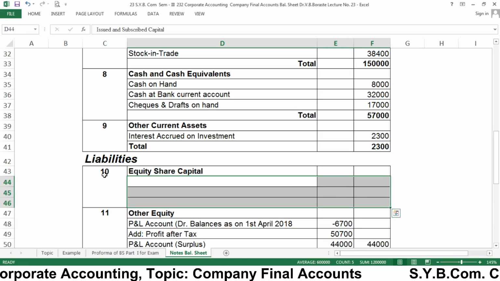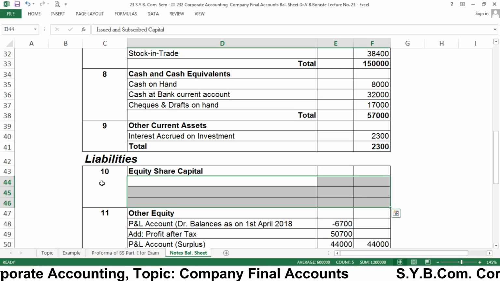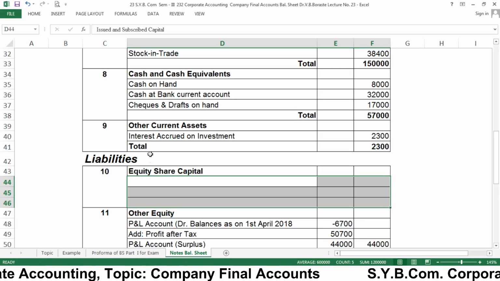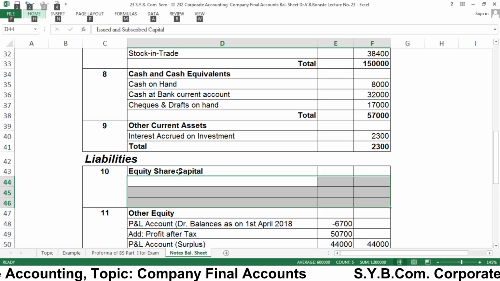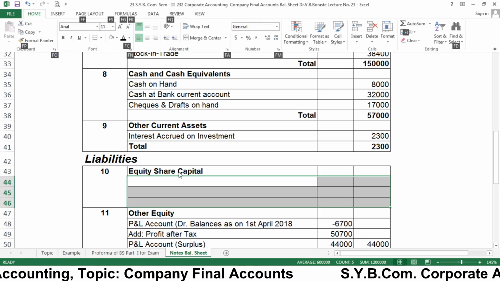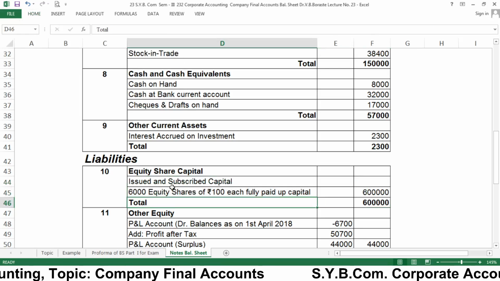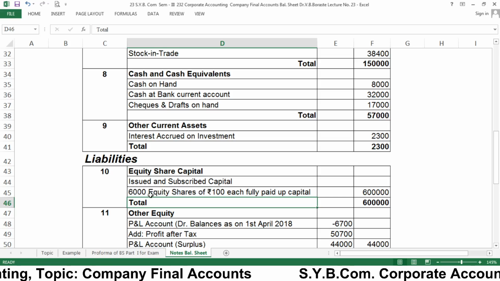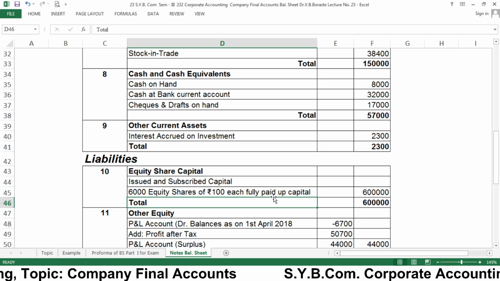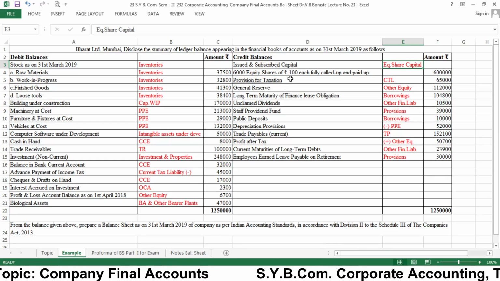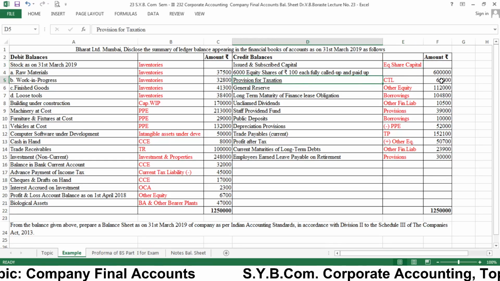The note number may be changed; it may be 3, 4, 5, 7, 10, 11, whatever. Note number doesn't matter, but the items do. After that, the next item is provision for taxation, rupees 65,000.